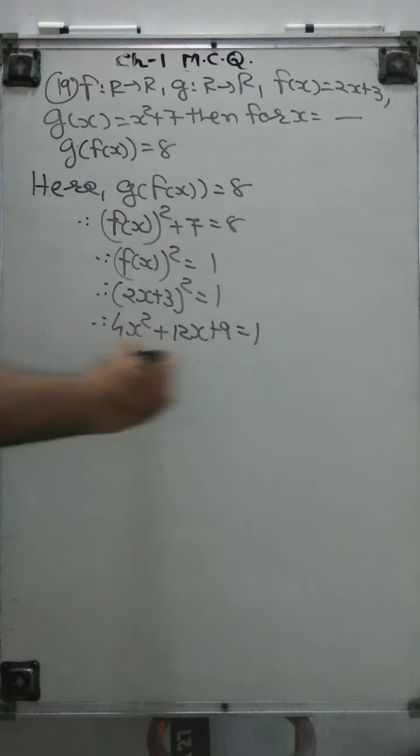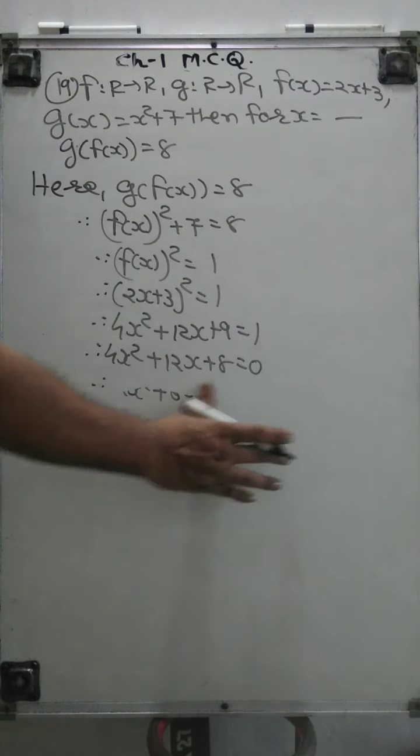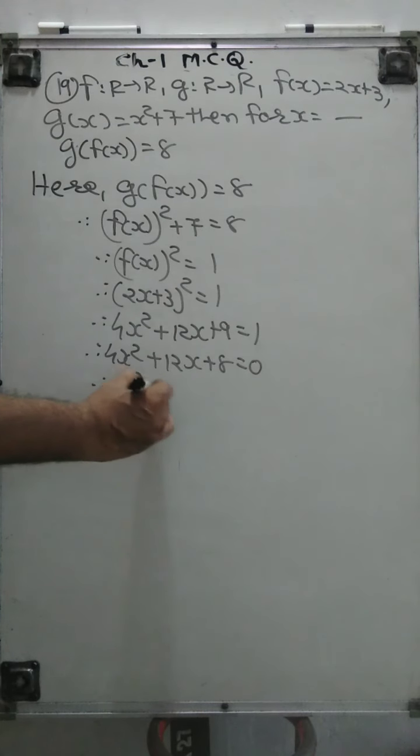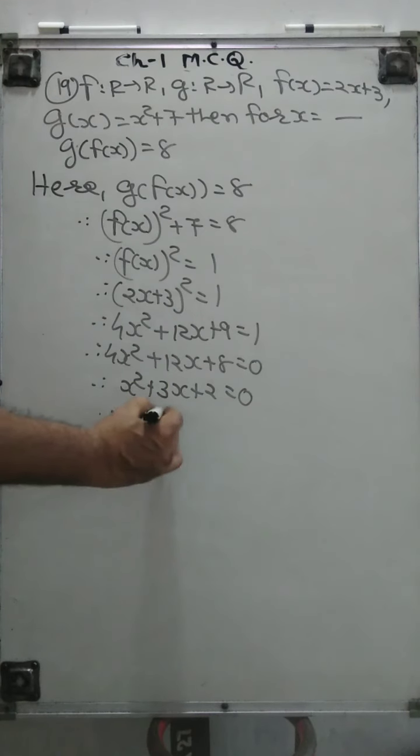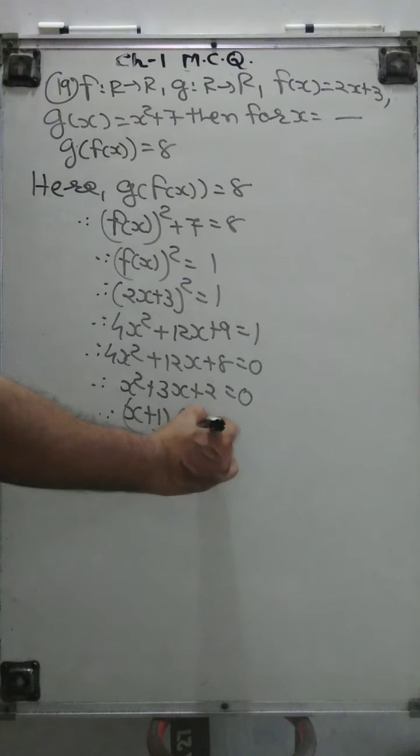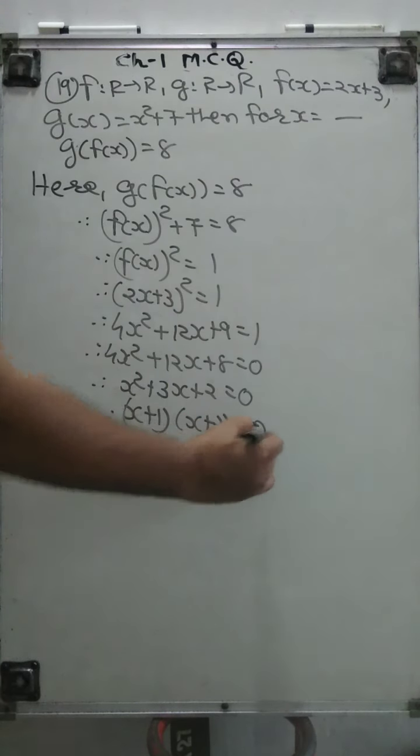It means 4x² + 12x + 8 = 0, or taking 4 common, x² + 3x + 2 = 0. It means (x + 1)(x + 2) = 0.